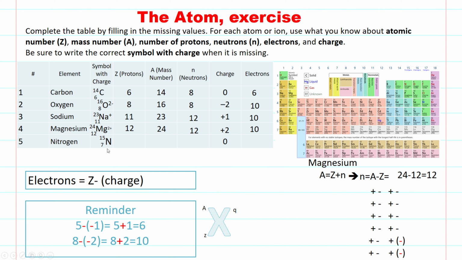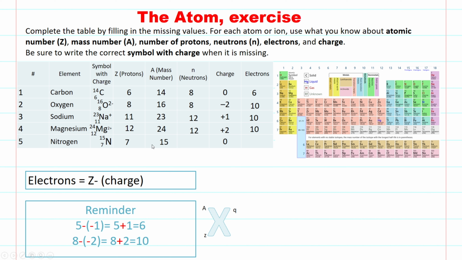And move on to the last one, which is nitrogen. We are given symbol N, and we can see a small 7, 7 protons, and 15. A equals 15, or the mass number equals 15. And don't forget this super helpful formula, which is A equals Z plus N, so N equals A minus Z. So the number of neutrons equals 15 minus 7 equals 8. 8 neutrons.